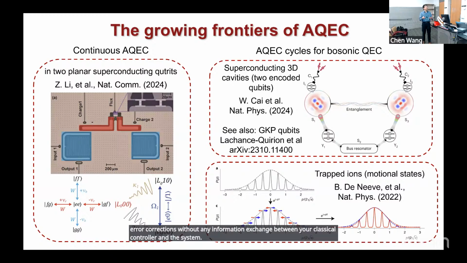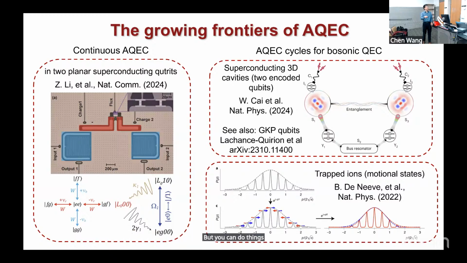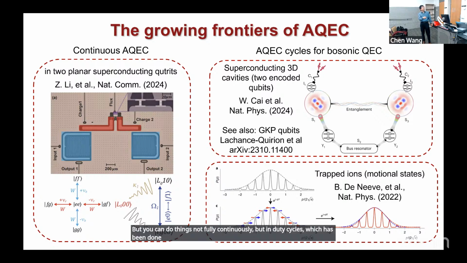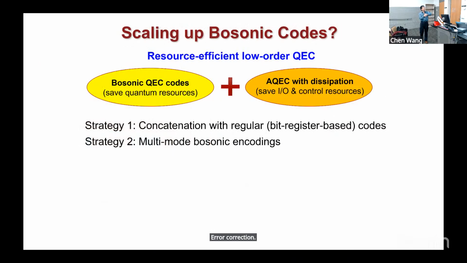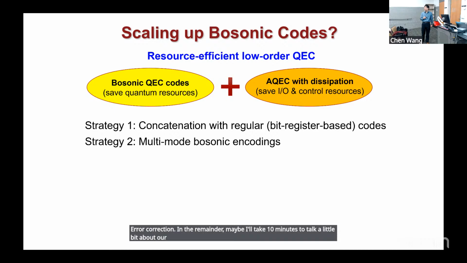You can do things not fully continuously, but in duty cycles, which has been done in other types of superconducting cavity-based experiments, as well as in trapped ion systems. This is using motional states for bosonic error correction. So in the remainder, maybe I'll take 10 minutes to talk a little bit about our ongoing experiments towards multi-mode error correction.